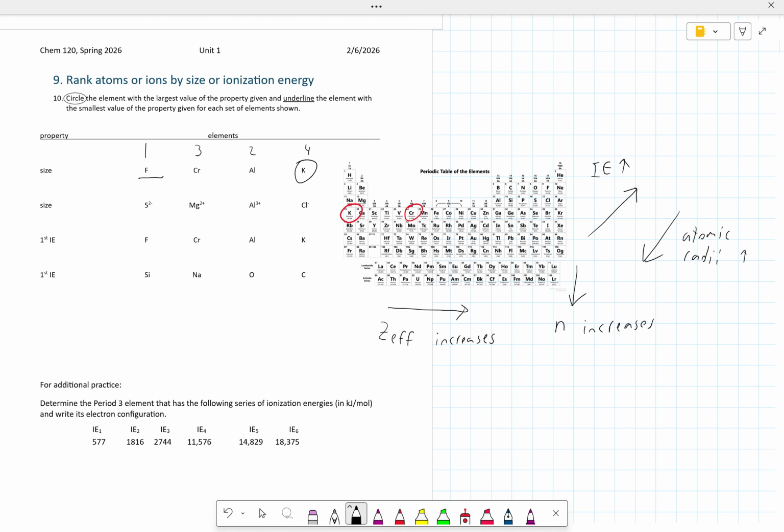Now, size here for our next question asks about sulfur 2-, magnesium 2+, aluminum 3+, and chlorine minus. So already we've got a bit of a tougher question here.